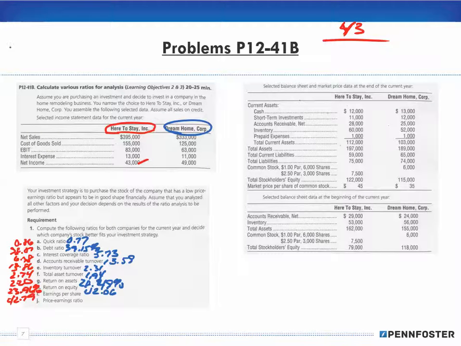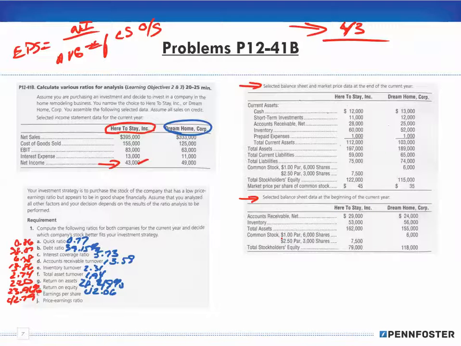So we know that our earnings per share is equal to our net income, which we know is the 43, that's right there, over the average number of common stock shares that are outstanding. So remember, this is the beginning of the current year, and this is the end of the current year. Let's look at the beginning of the year.